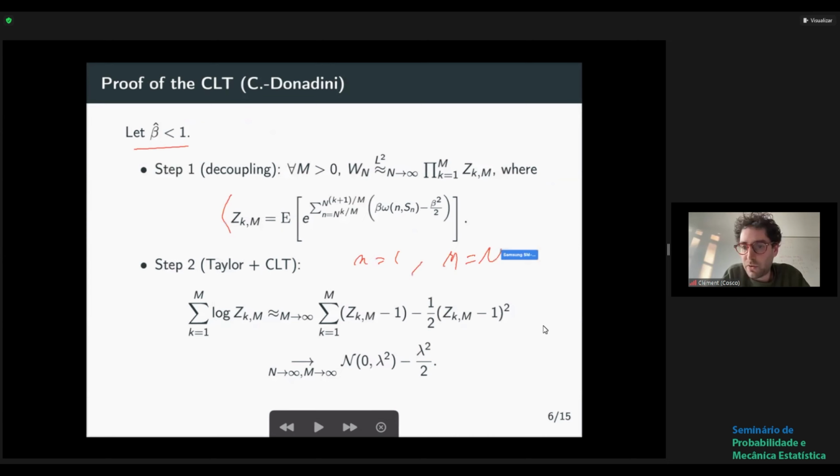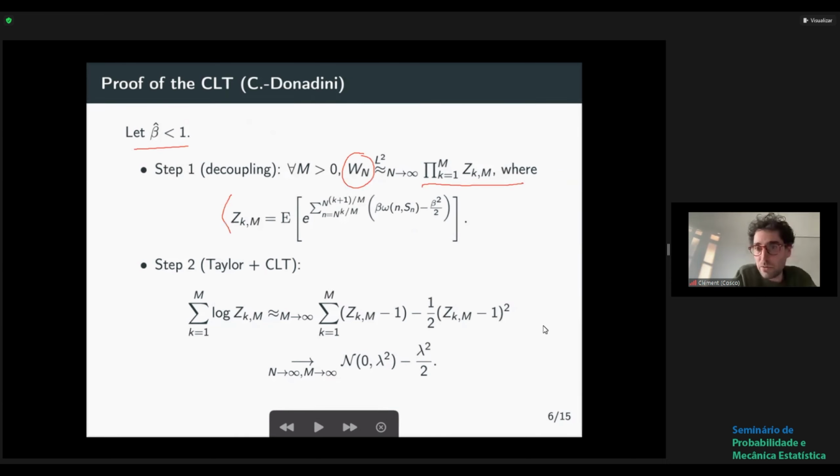Now I'm just focusing on a dyadic window, so I'm restraining the dependence on the environment to this smaller window. It turns out that in the initial partition function Wn, all these scales decouple, in the sense that Wn becomes asymptotically a product of all these smaller scale partition functions.